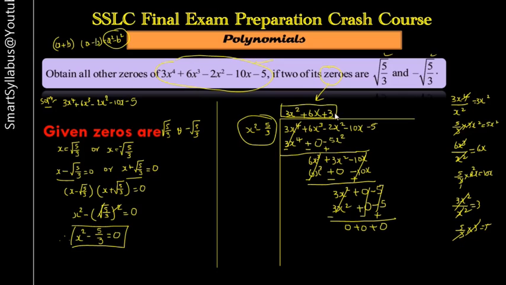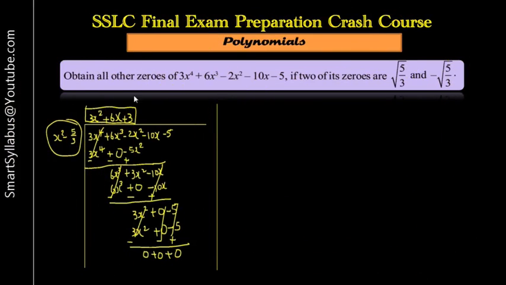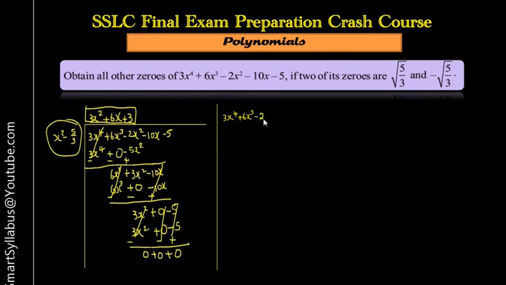Okay, and now let's find out the zeros present in this section. First write the relation between all these things, that is this polynomial, 3x raised to 4 plus 6x cube minus 2x square minus 10x minus 5 is equal to, first you have to write x square minus 5 by 3 into this polynomial.